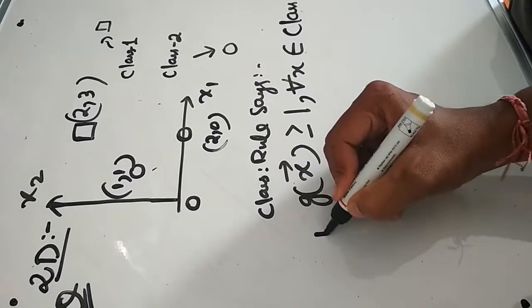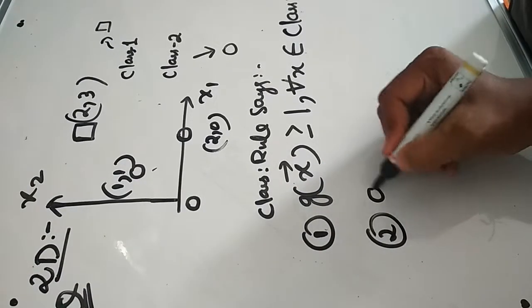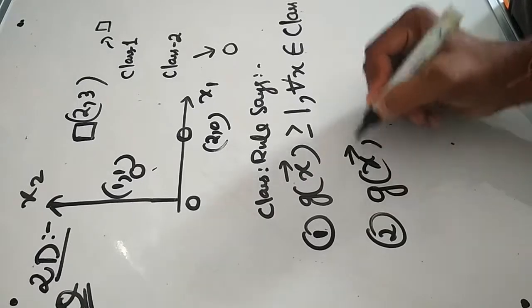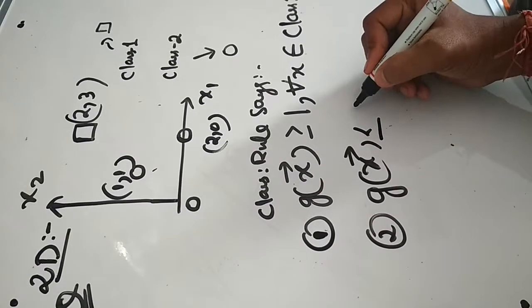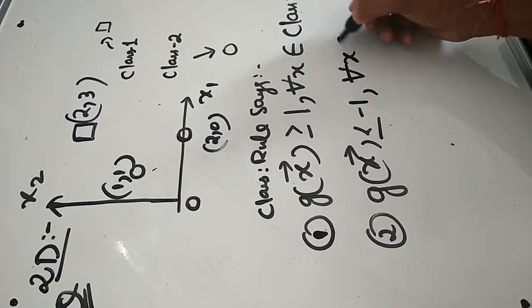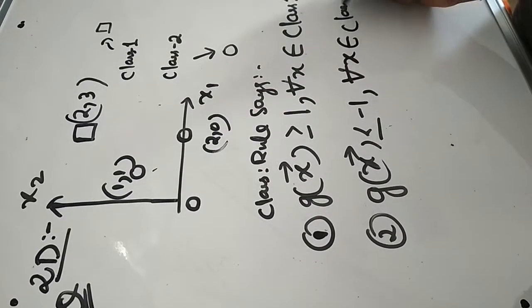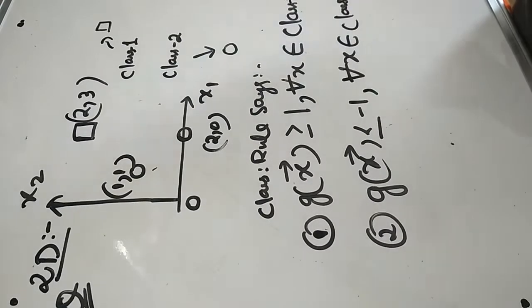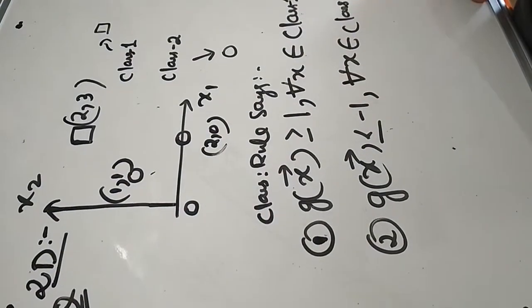Then another rule, this is rule number 1, and rule number 2 is g(x) less than or equal to minus 1 for all x belongs to class 2. Getting?